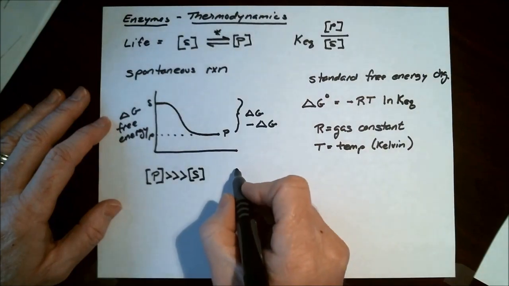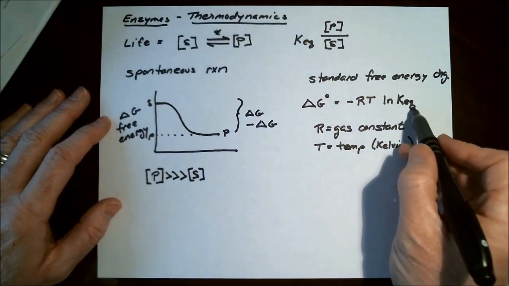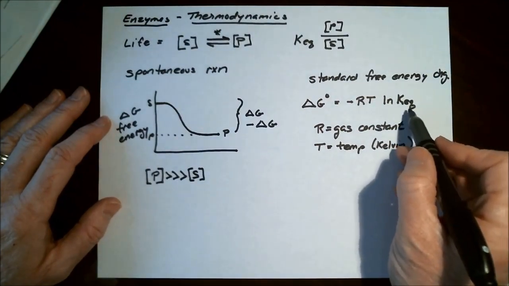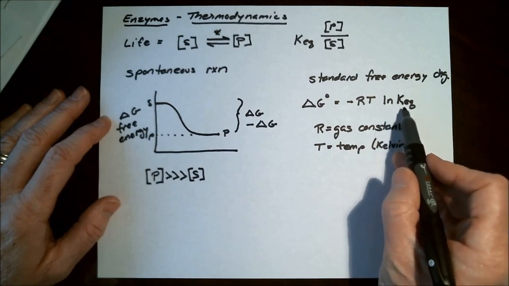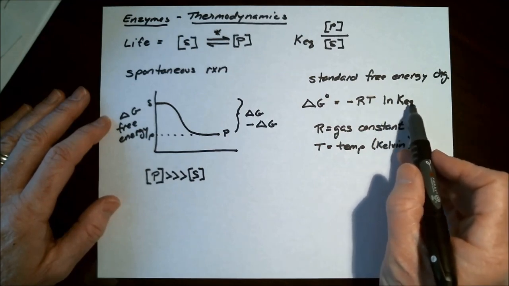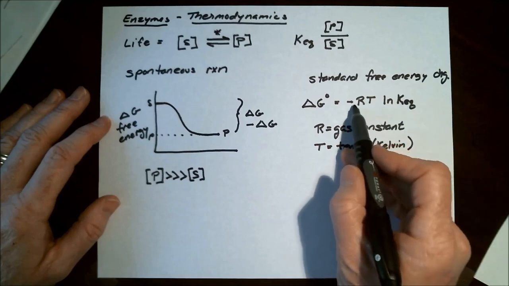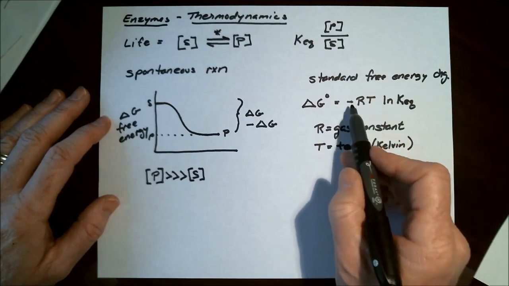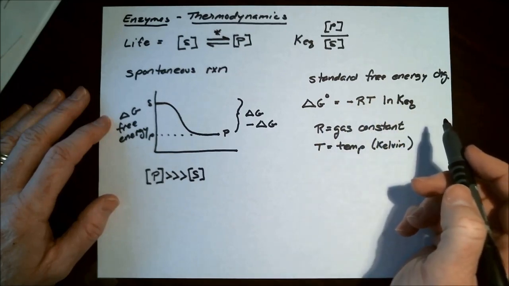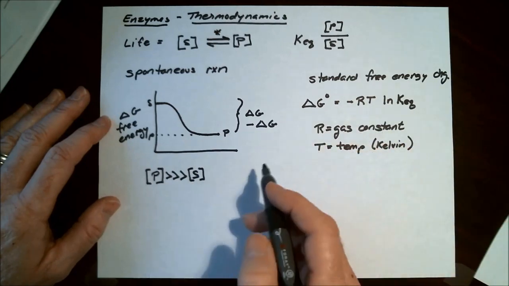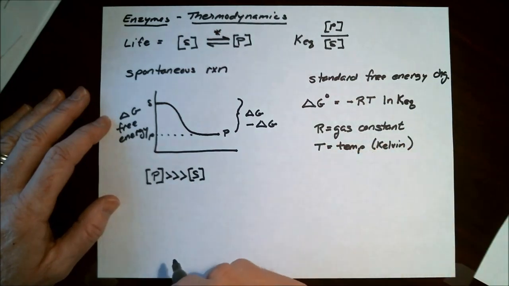That will give us a very large number for KEQ, the equilibrium constant, and when we take the natural log of a large whole number, that will be positive. Multiply that by RT, and we have the negative delta G, indicating that this is a spontaneous reaction.